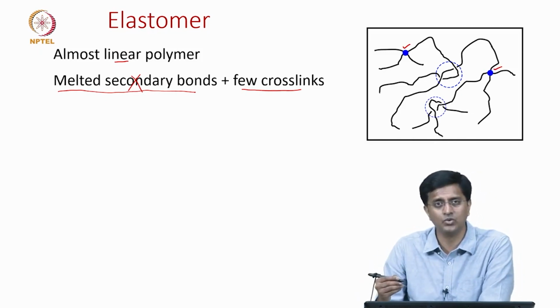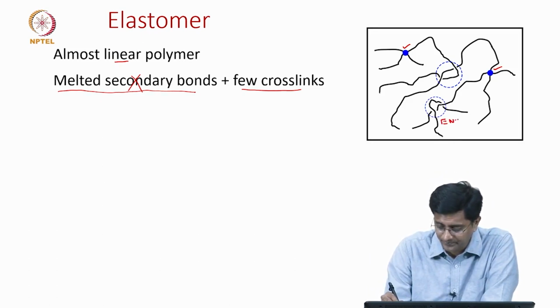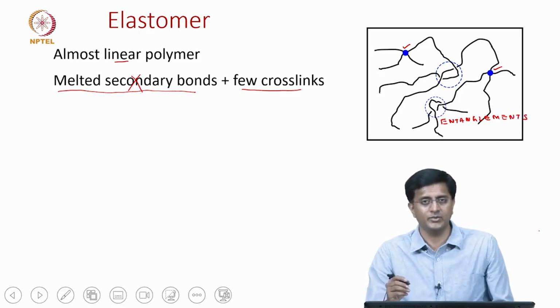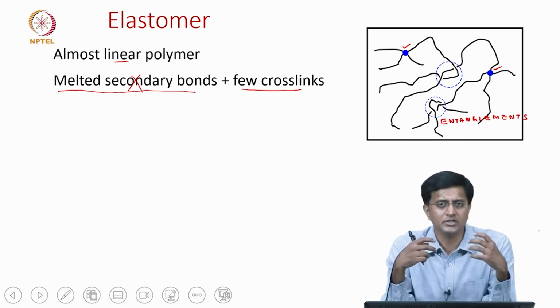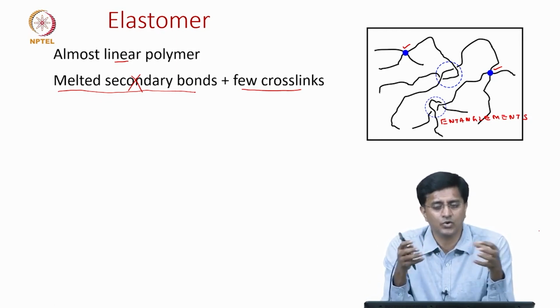But in addition to crosslinks, they also have something called as entanglements. So, let us see what are entanglements. Entanglements, to picturize, these are like two threads close to each other.